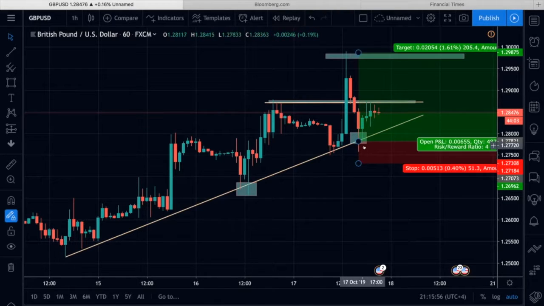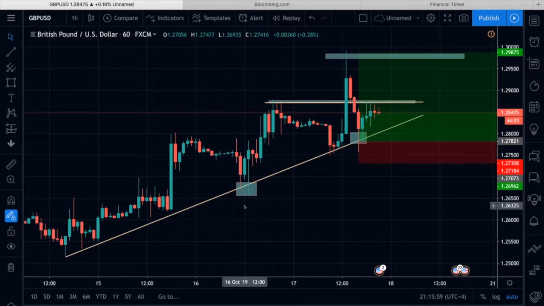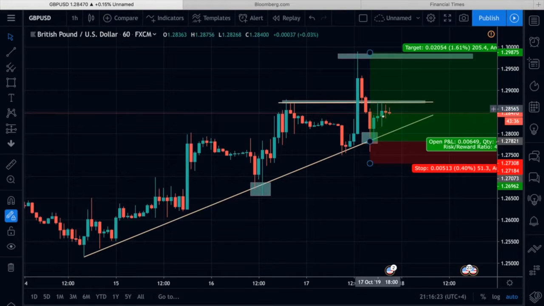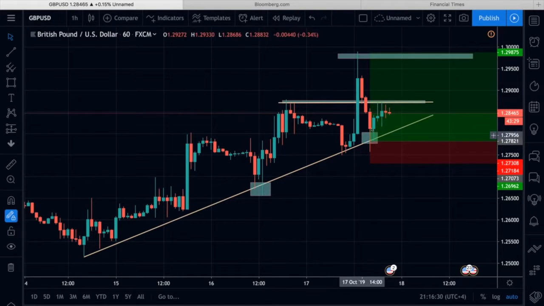With the trend line, I know the dynamic support. And with the news, I know in general the market is bullish because the British pound is going to be stronger and stronger. It's obvious. So I'm waiting for the pullback here, and with technical analysis I got the point to enter the trade.